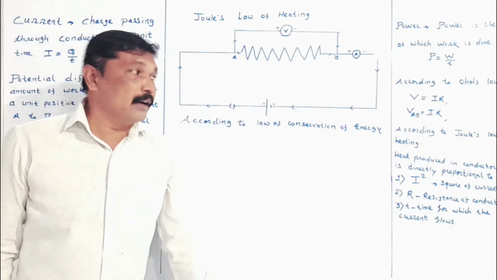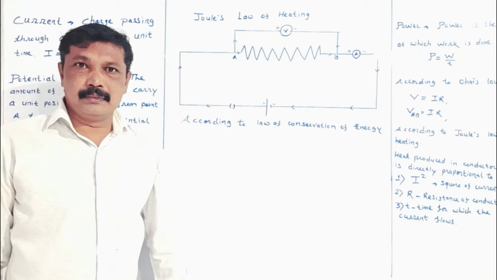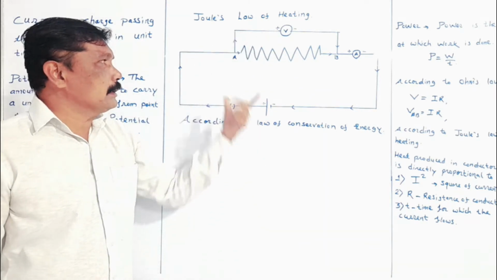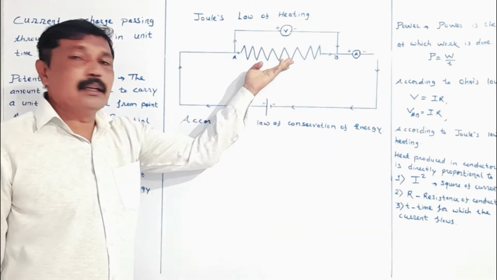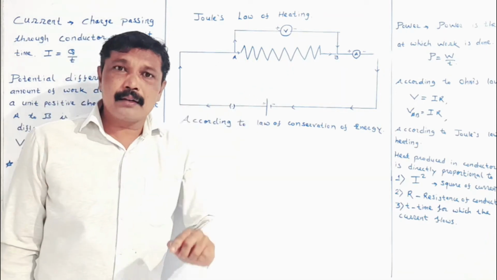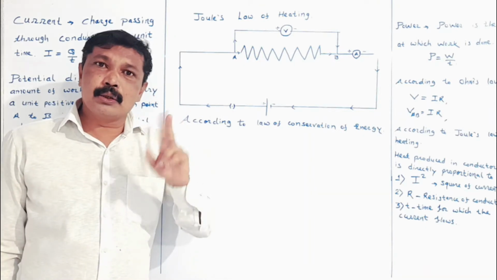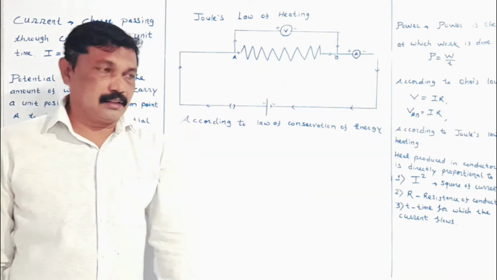Here we have connected the voltmeter, and the voltmeter is connected parallel to the resistor. The voltmeter measures the potential difference between the two ends of the resistor.